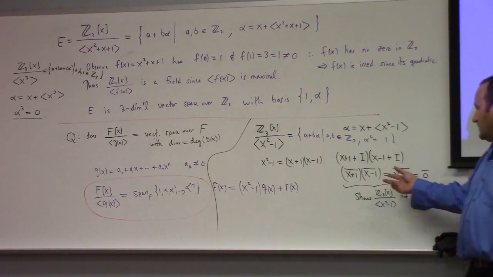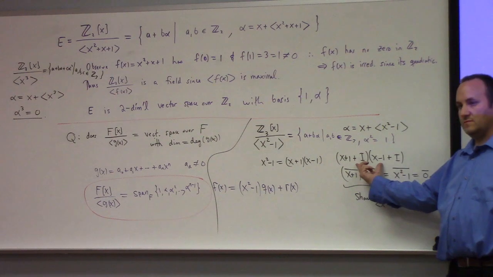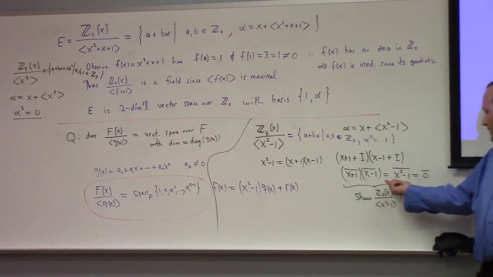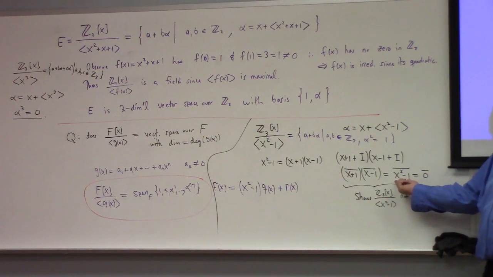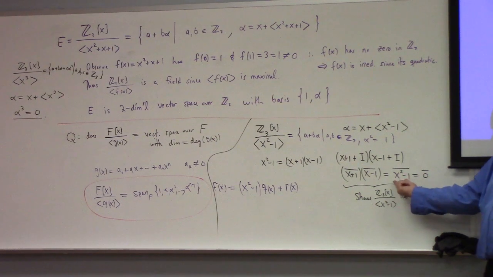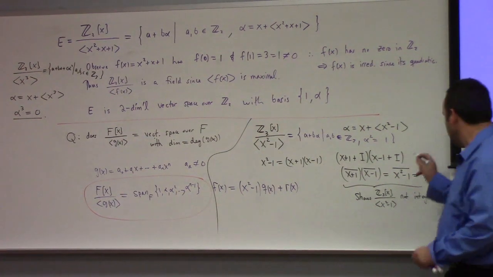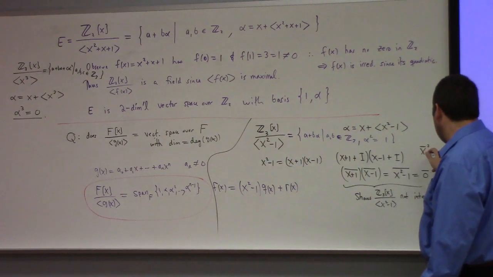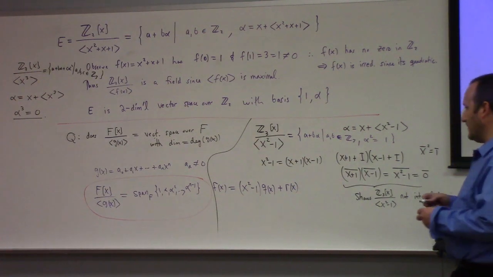Which goes to show you that the product of these two things in the factor ring, which I'll rewrite as x plus 1 bar times x minus 1 bar, is equal to x squared minus 1 bar, which is, by the way, 0 bar because x squared minus 1 is in the ideal I. So what this shows is essentially that x bar squared is equal to 1 bar, right?